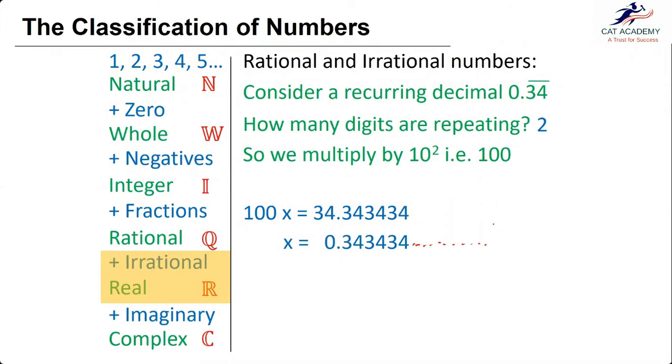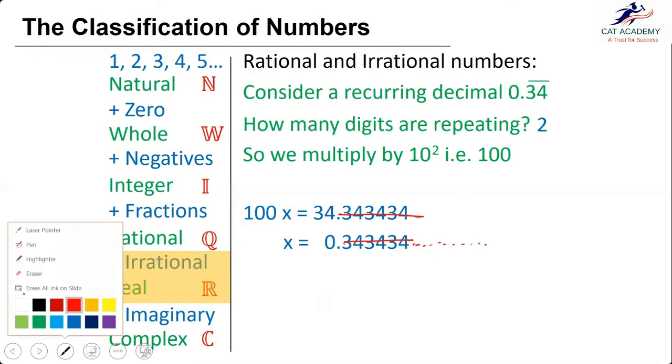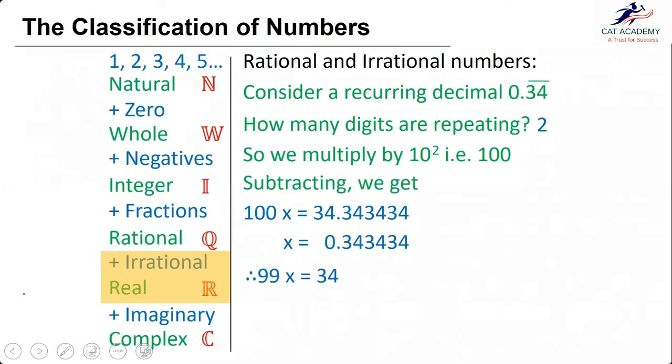Take a difference between the two. This thing will entirely get cancelled out. And since this thing is getting cancelled out, I get 99x is equal to 34. So x is equal to 34 by 99.